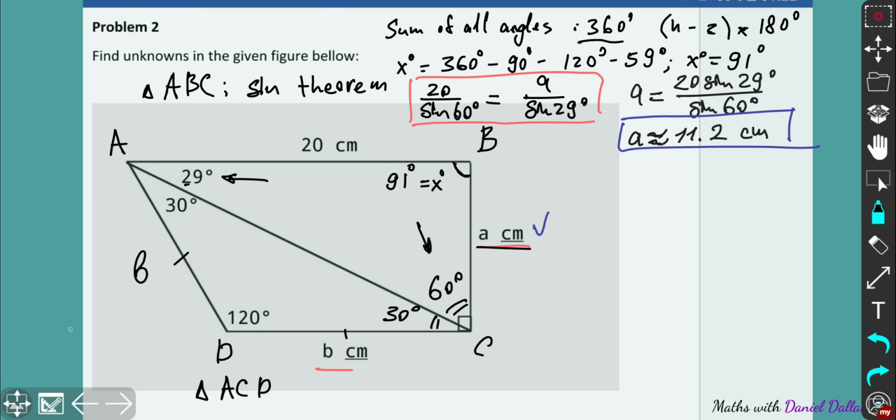This triangle is isosceles, so this is also B centimeters. However, does it give you something? I'm not sure. It's not enough. You don't know the height, you don't know the opposite side, and you don't know any side, you know only the angle. So triangle ACD is not helpful. It doesn't help.